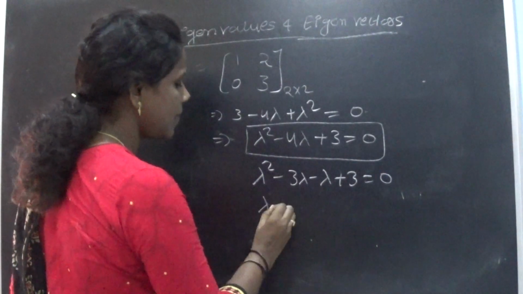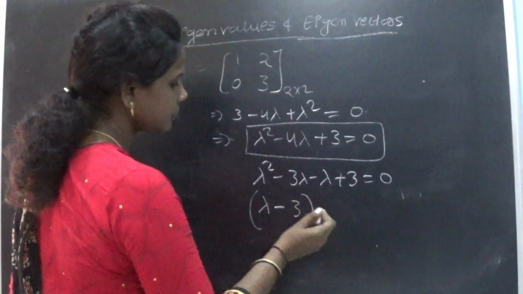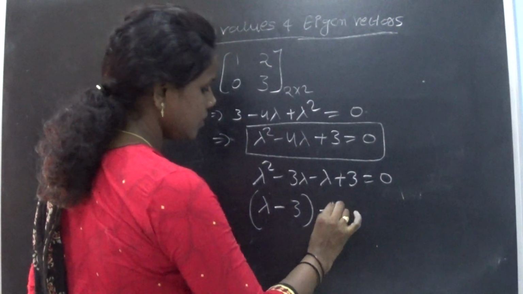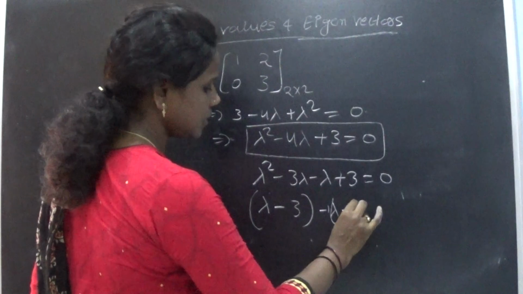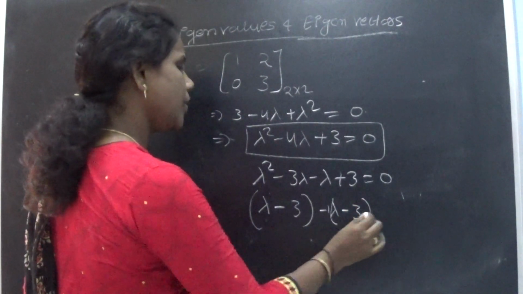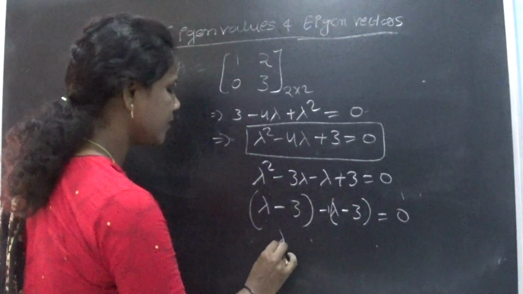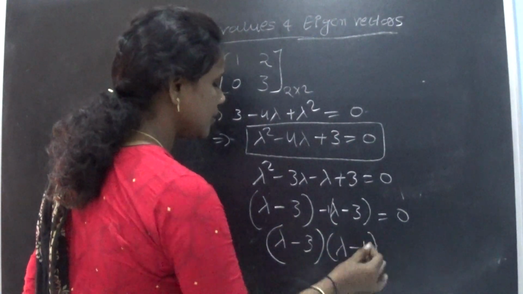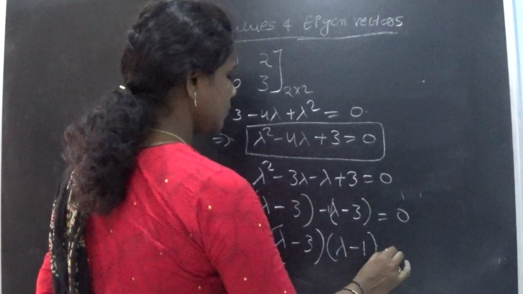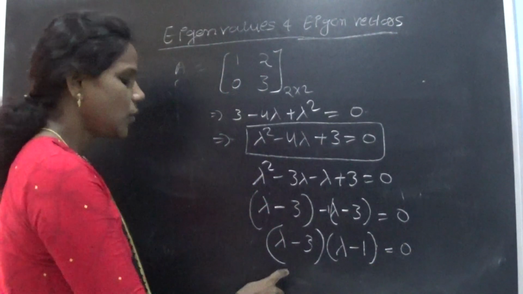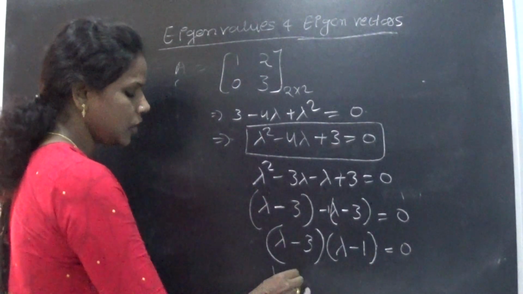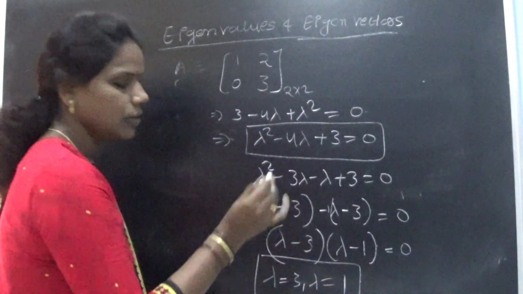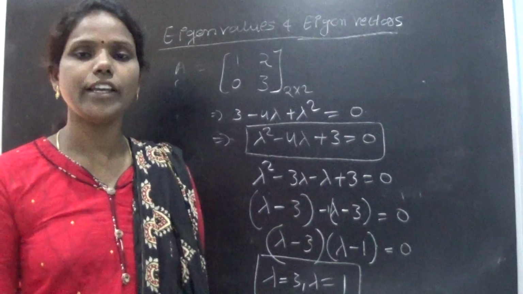Factors are lambda (lambda minus 3) minus 1 (lambda minus 3) is equal to 0. We can factorize it like this: (lambda minus 3)(lambda minus 1) is equal to 0. Now the eigenvalues are lambda equals 3 and lambda equals 1. We got eigenvalues as 3 and 1.